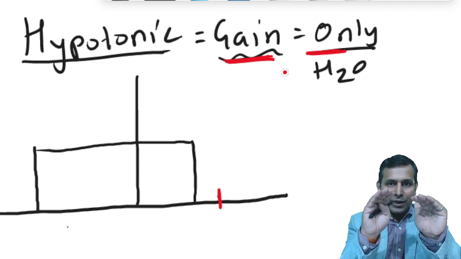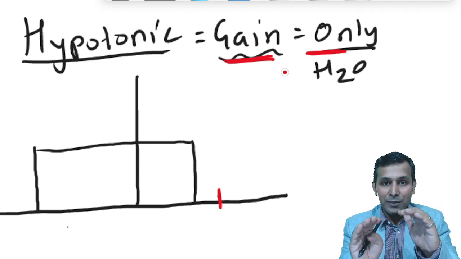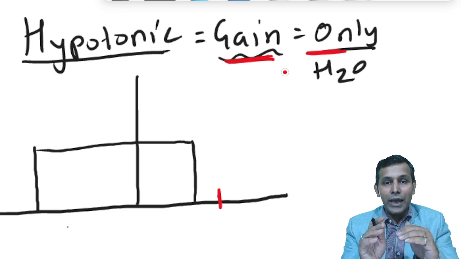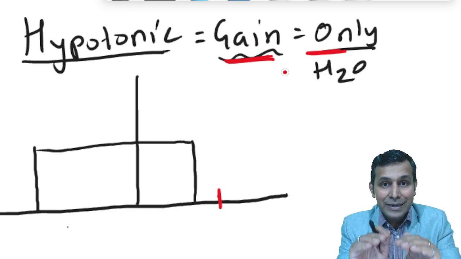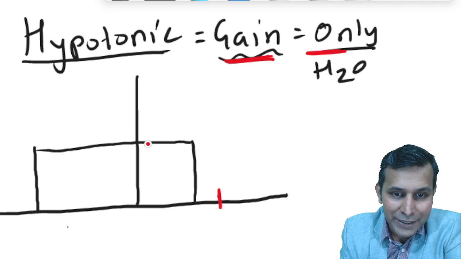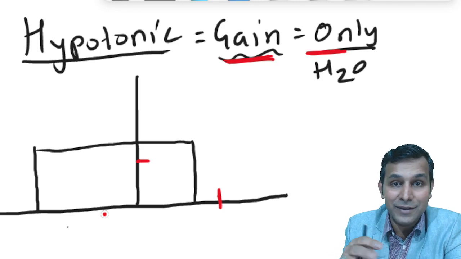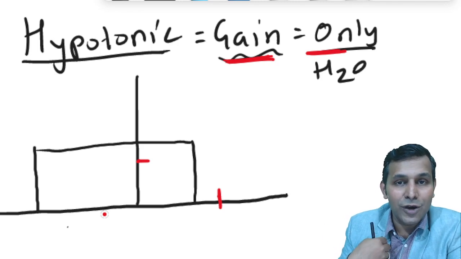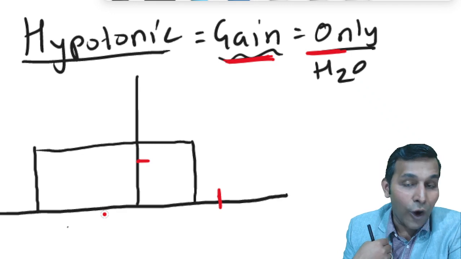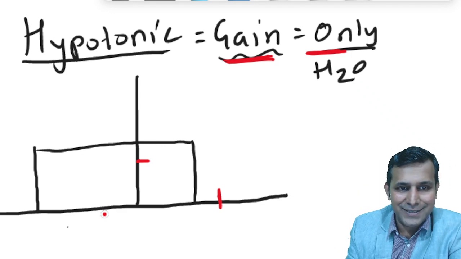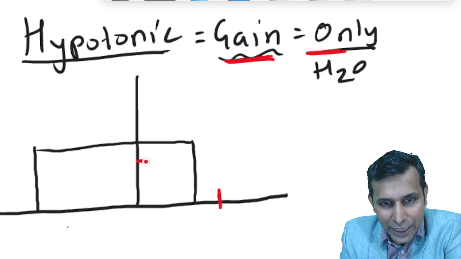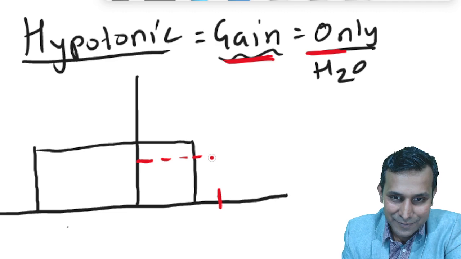The salt concentration will keep on decreasing and it will become more and more dilute. So the osmolarity will decrease because water is increasing, not the salt. So ECF osmolarity decreases and ECF volume is increasing.